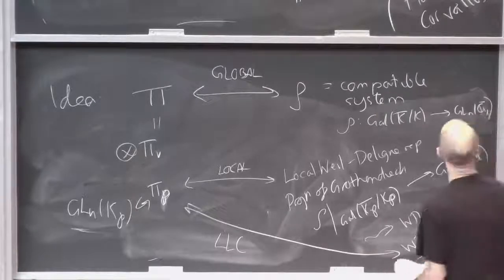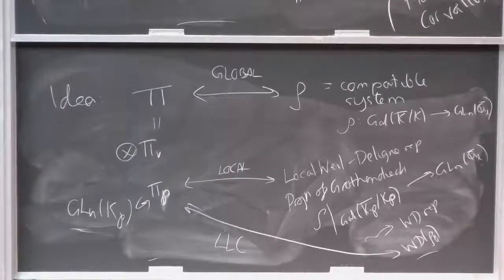And the reason I mention this is because this has a really concrete consequence, which is that an automorphic representation of GLn of the adeles of k is not, so here's a consequence.